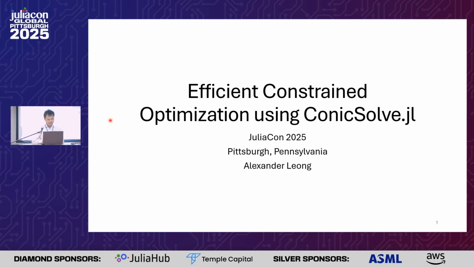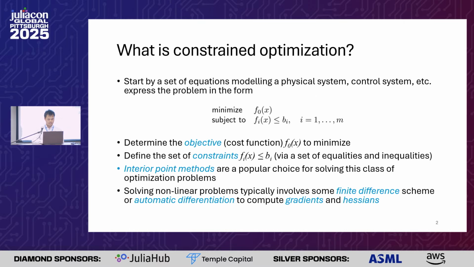Today we're going to talk about a type of mathematical optimization, constrained optimization. Just a brief recap on what constrained optimization is: we minimize some function f naught of x subject to some equality and inequality constraints given by f_i of x less than or equal to b_i.